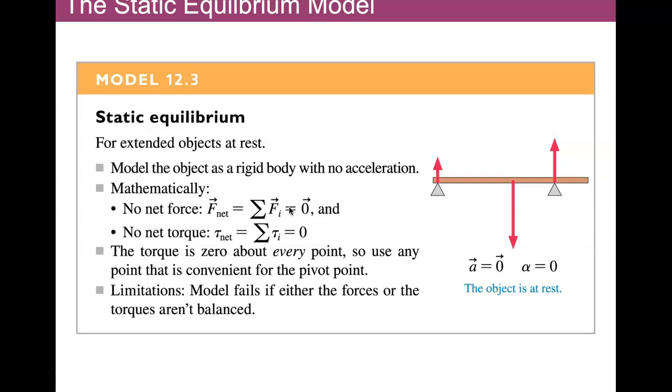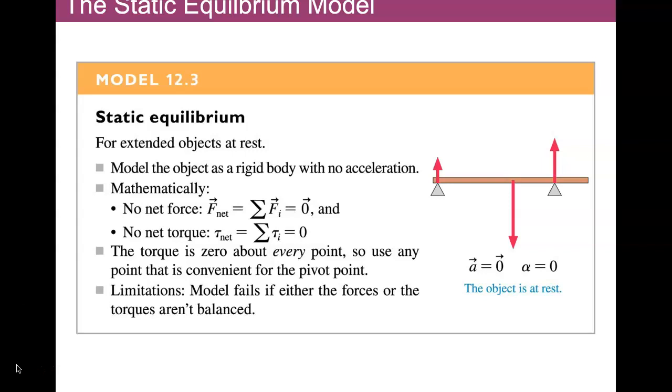What I want to show is that if the net force is zero, and the net torque is zero with respect to any axis, it will be zero with respect to all other parallel axes, okay? So it really doesn't matter. We can pick a convenient axis or pivot point, find the torque around that, and if it's zero and the net force is zero, then we're guaranteed to find a zero torque around any other axis.